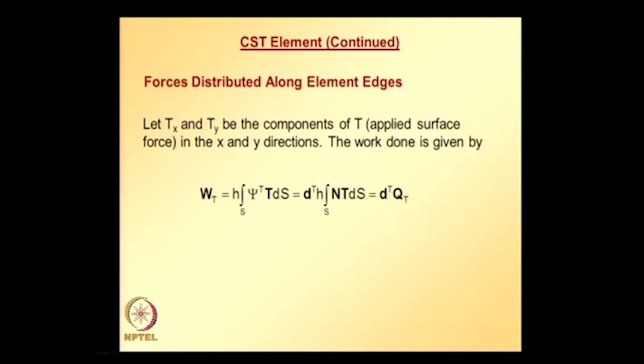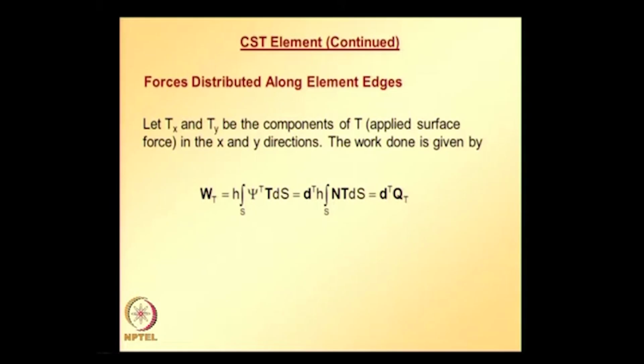So, H is pulled out of the integral, and psi is the displacement vector consisting of displacements in the x direction and y direction. So, psi transpose T gives us displacement in the x direction times Tx plus displacement in the y direction times Ty.